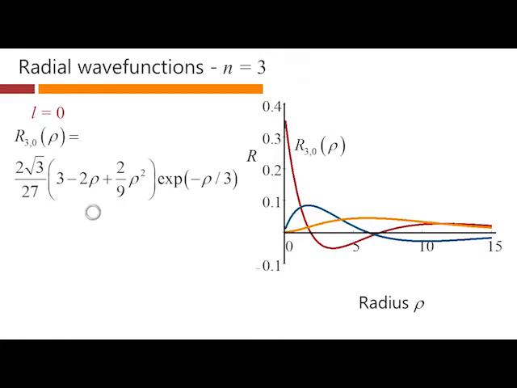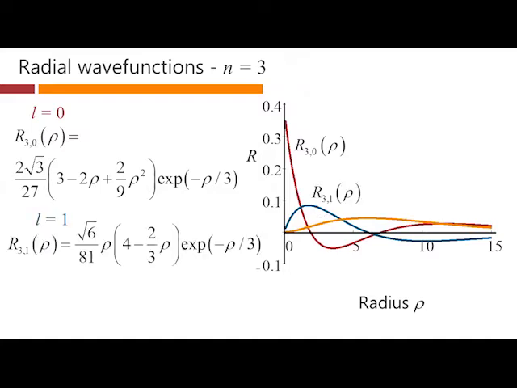And this quadratic here has got 2 zeros, so the red curve goes through the axis twice. For L equals 1, the blue curve, we have rho times 4 minus 2/3 rho. So this goes to 0 at the origin here at 0 radius. It has another 0 when this factor equals 0. And it also falls off with this exponential minus rho over 3 now.